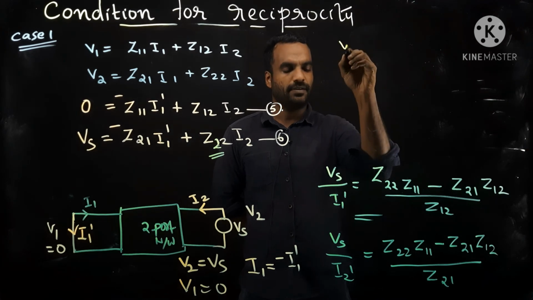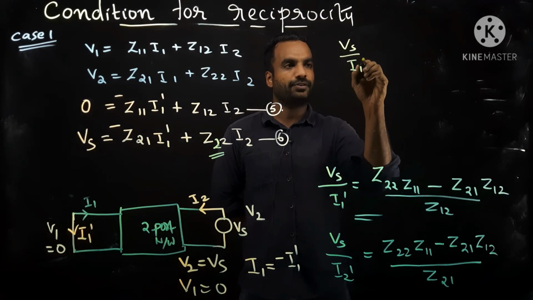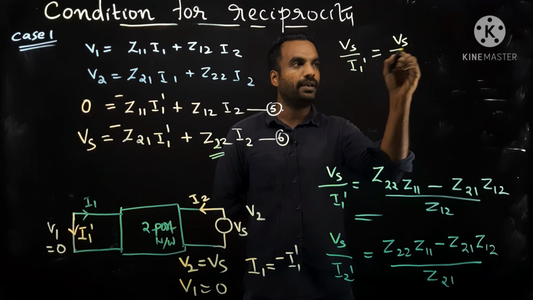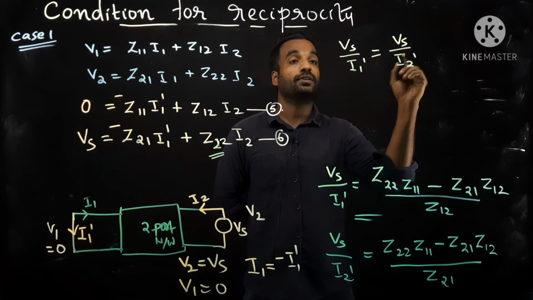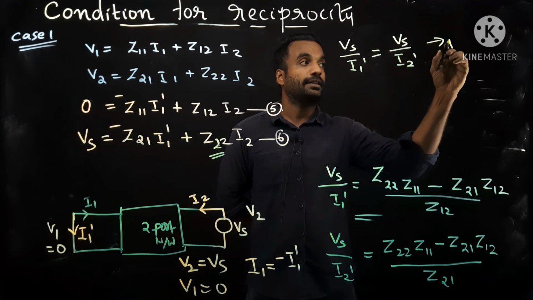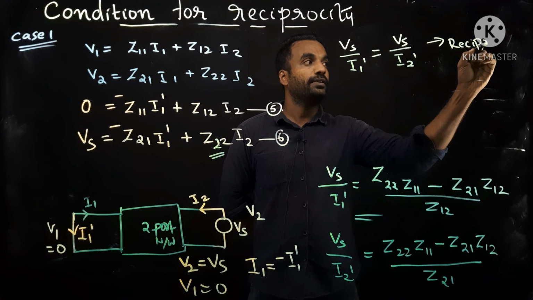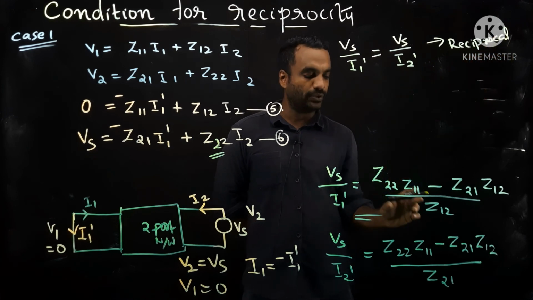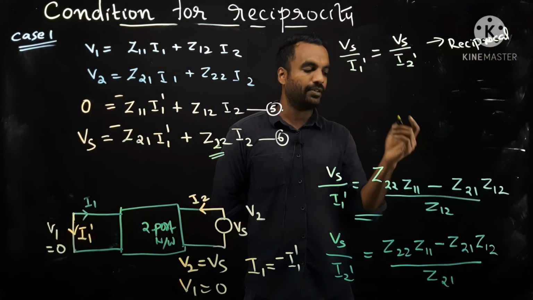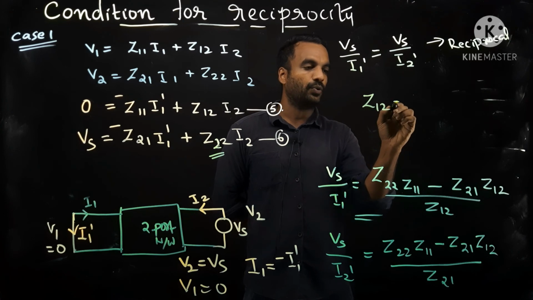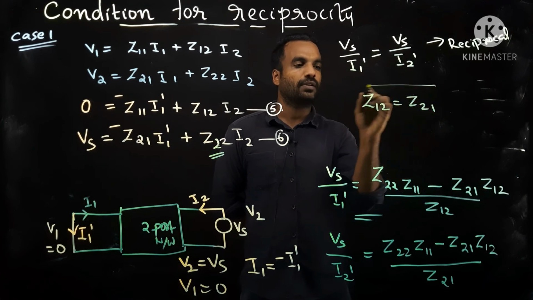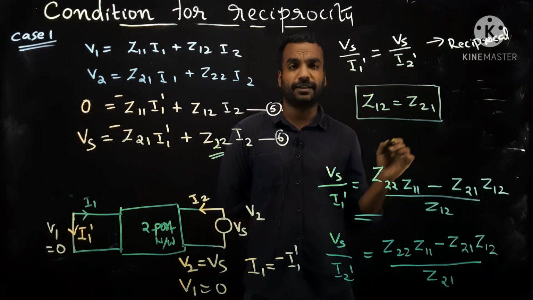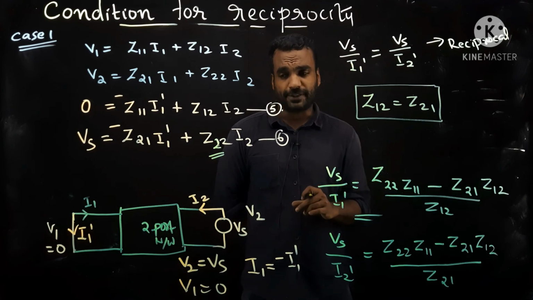That is, Vs by I1 dash should be equal to Vs by I2 dash for the circuit to be reciprocal. If you equate these two things, what you will get? Please equate. You will get Z12 is equal to Z21. So this is the condition for reciprocity.